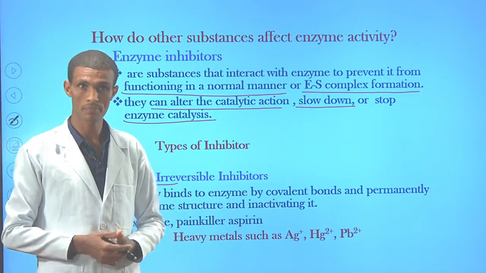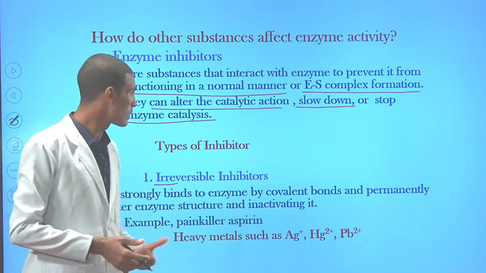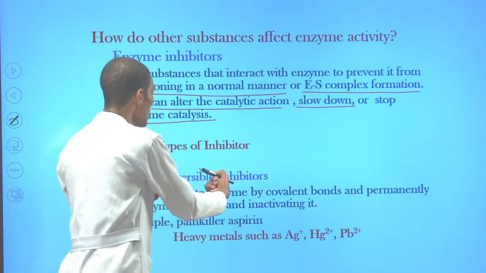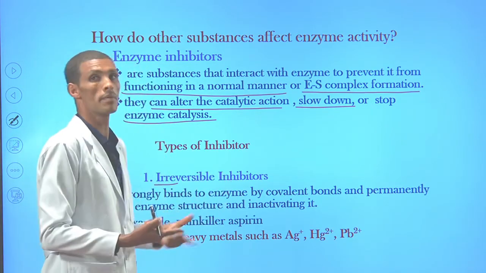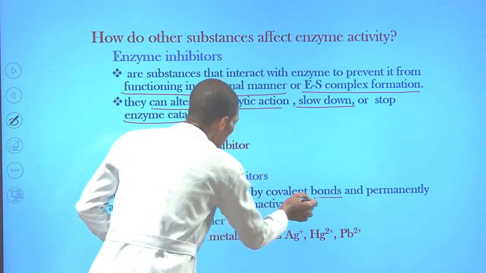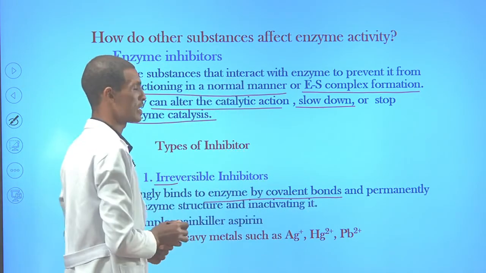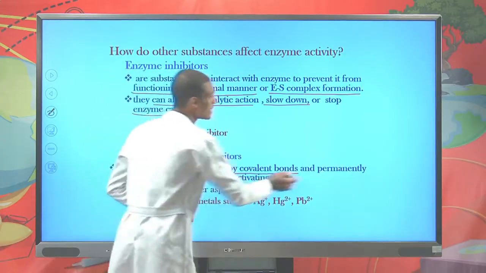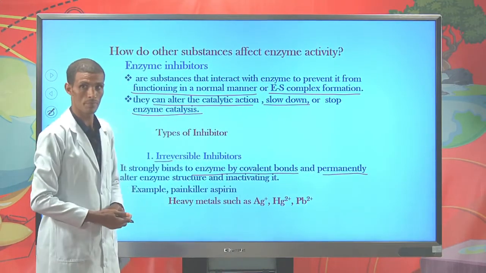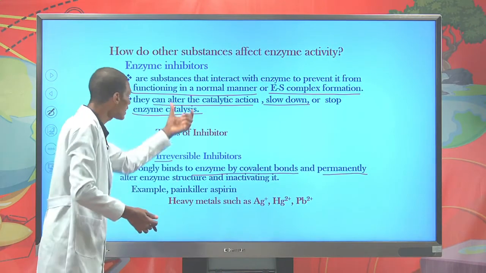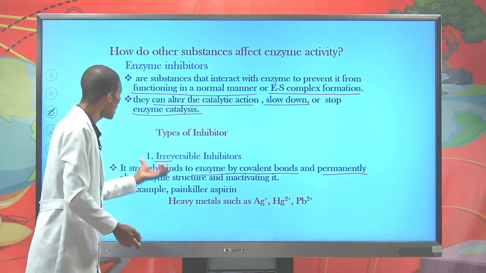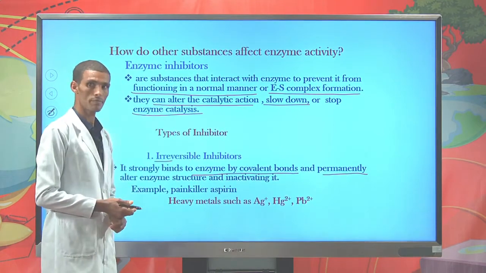When an enzyme comes in contact with and binds an irreversible inhibitor, it is strongly bonded to the enzyme's active site, and it alters the catalytic activity of the enzyme permanently.